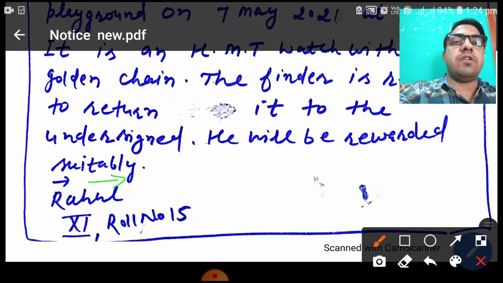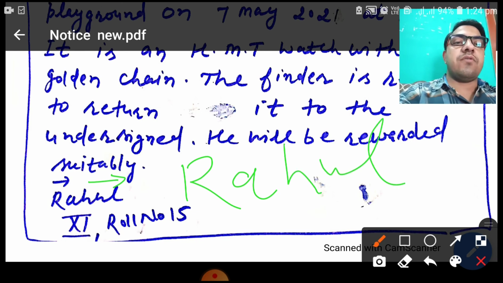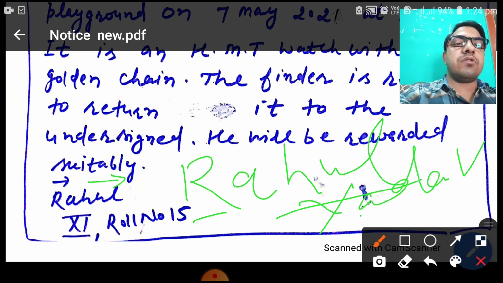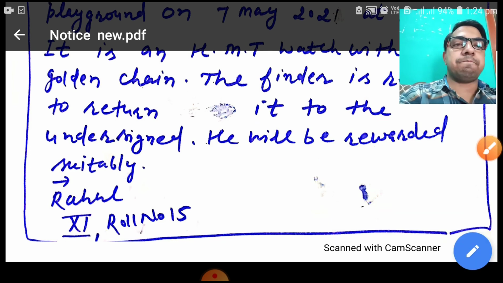I have already told you in my last video how to mention the signature. The first letter of the signature should be in capital, and the remaining part should be in small letters. If the signature contains two words like Rahul Yadav, the second word also starts with a capital letter, and the remaining part of the second word should be in small letters. After the signature you should not leave any line between signature and designation.